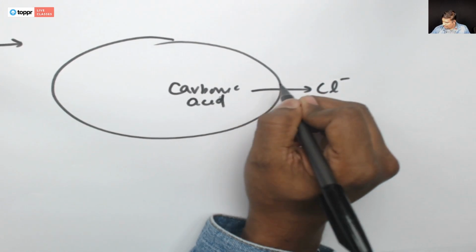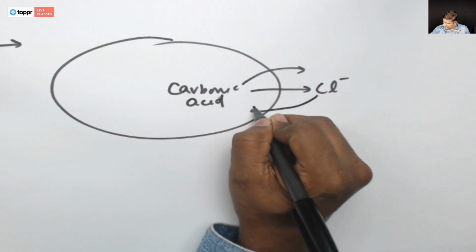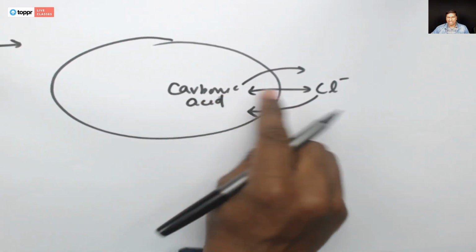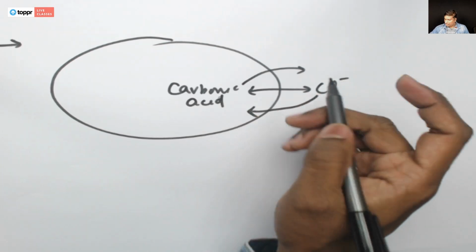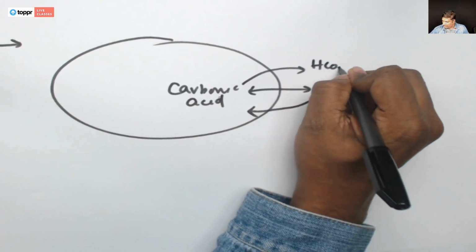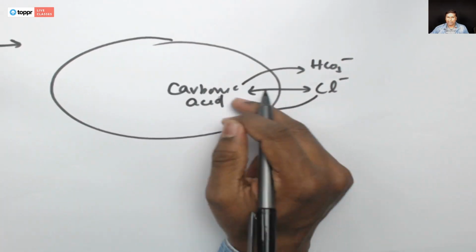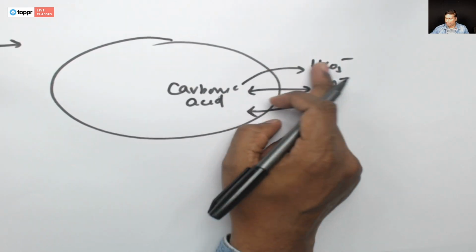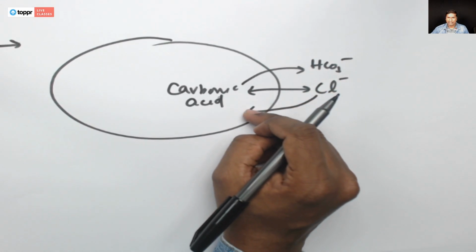So the bicarbonate is going out and the chloride ions are coming in. Exchange will happen. Here you have HCO3 minus coming out and the chloride ion going in.